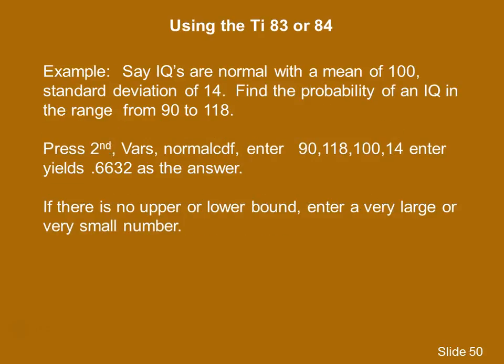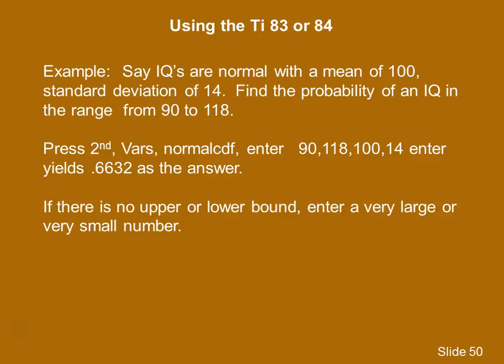So for example, let's say IQ scores are normally distributed with a mean of 100 and a standard deviation of 14. And we said find the probability that an IQ is in the range of 90 to 118. Using your TI-83 or 84, press second, VARS, normal CDF, enter 90, comma, that's the lower bound of the interval, 118, comma, 100, comma, 14.